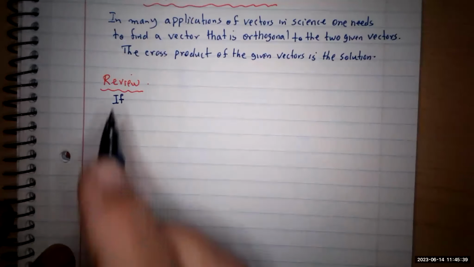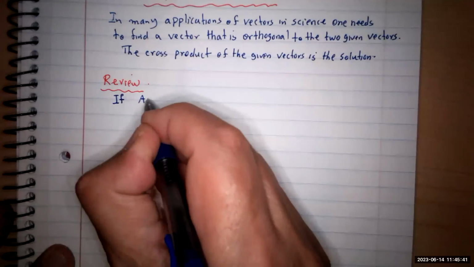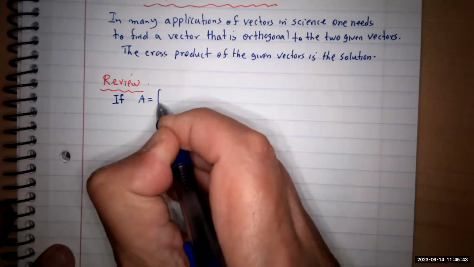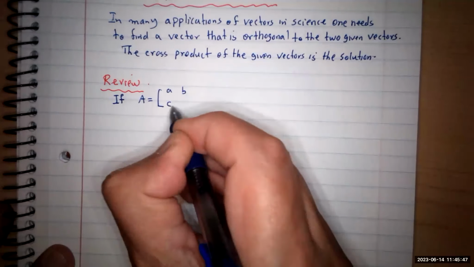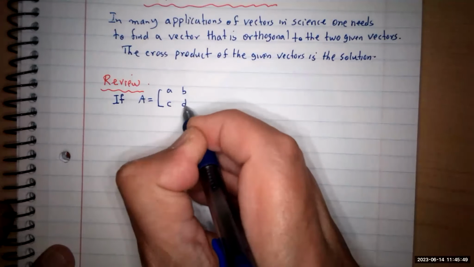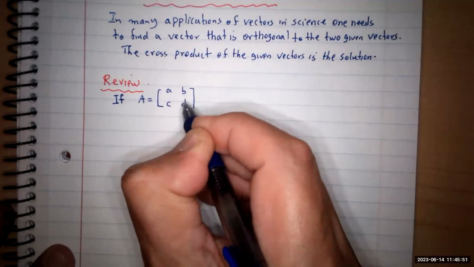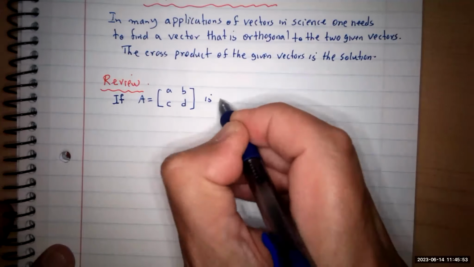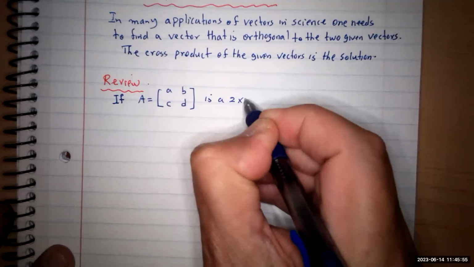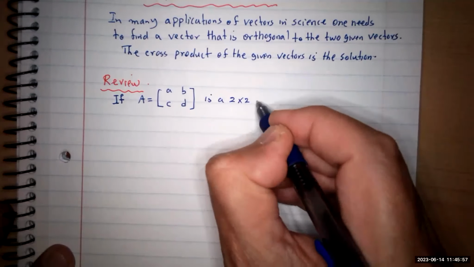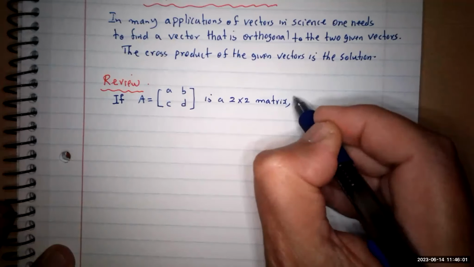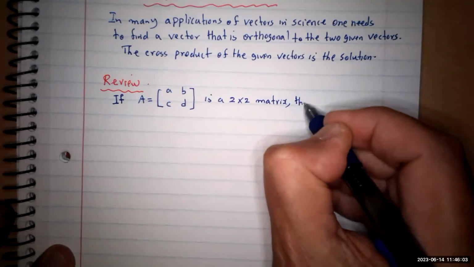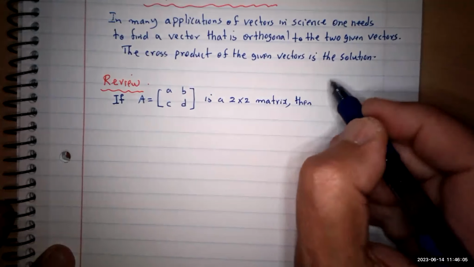We start with a 2x2 matrix, meaning 2 rows and 2 columns. The determinant is a number, a numerical function if you like.